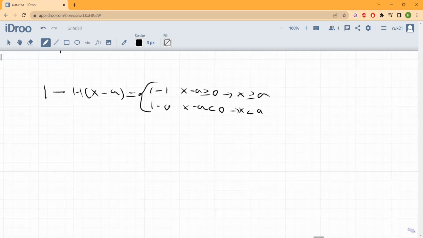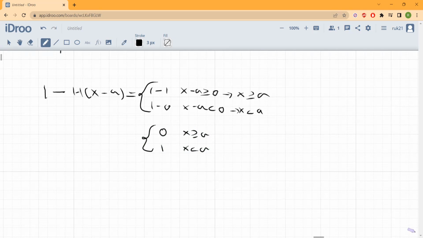And then if we simplify our left side as well, in the end we're going to get 0 when x is greater than or equal to a, and 1 when x is smaller than a. Sorry, I just miswrote that. You can think of this as the exact opposite of what we had before.